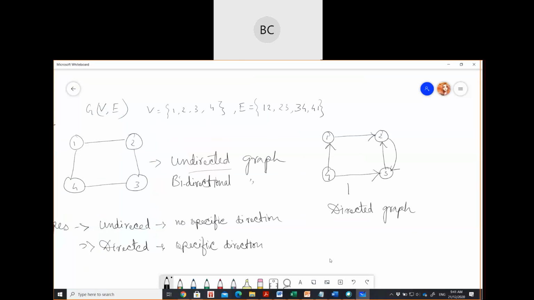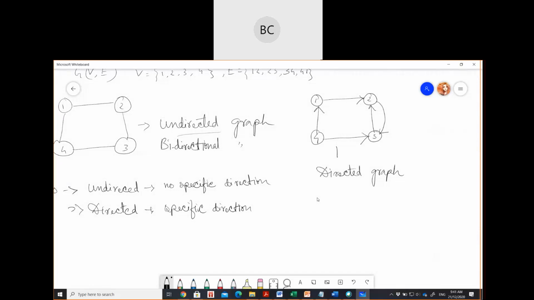Path means you can go from one point to another. A path can be defined as a sequence of nodes that are followed in order to reach some terminal node. If 1 is the source node and 3 is the destination node, I can say there is a path from 1 to 2, then 2 to 3.